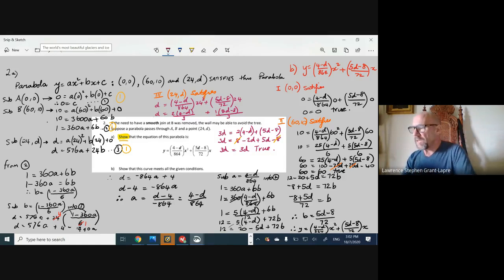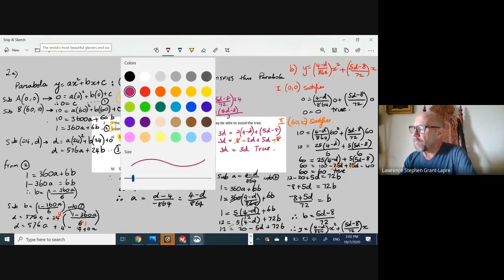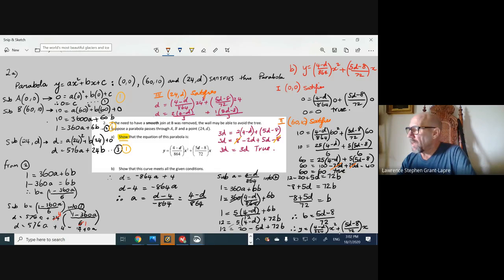Part B is finished. So you get a mark for each condition showing that it's true. You get a mark to say that each of those is true. So part B was worth 3 marks, and part A was worth, how many marks did we get in there?